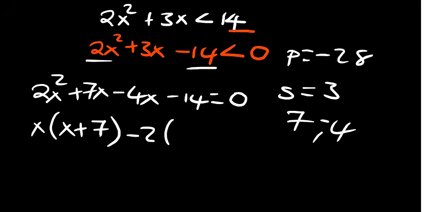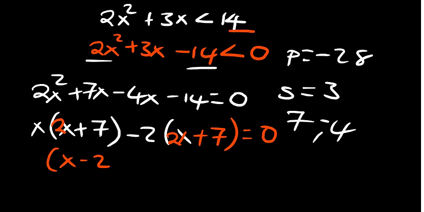So it's 2x there. Then even here we're going to have 2x plus 7, sorry. Equal to 0. So we have x minus 2. We have 2x plus 7.